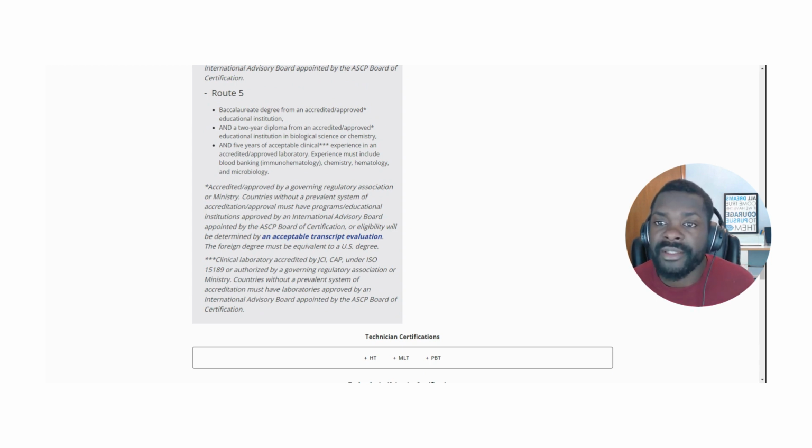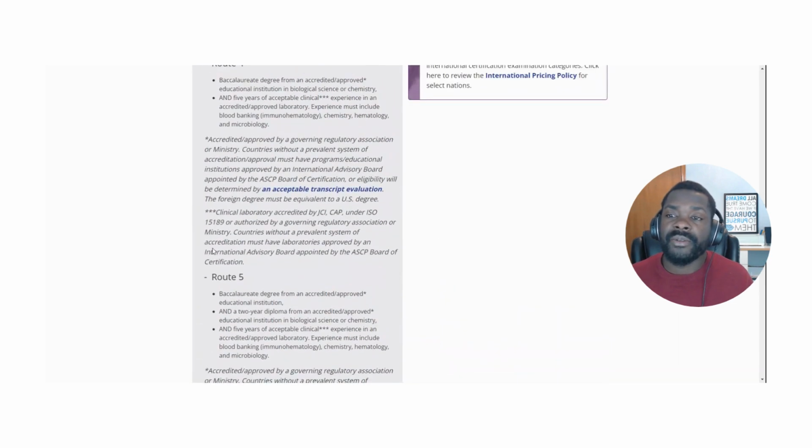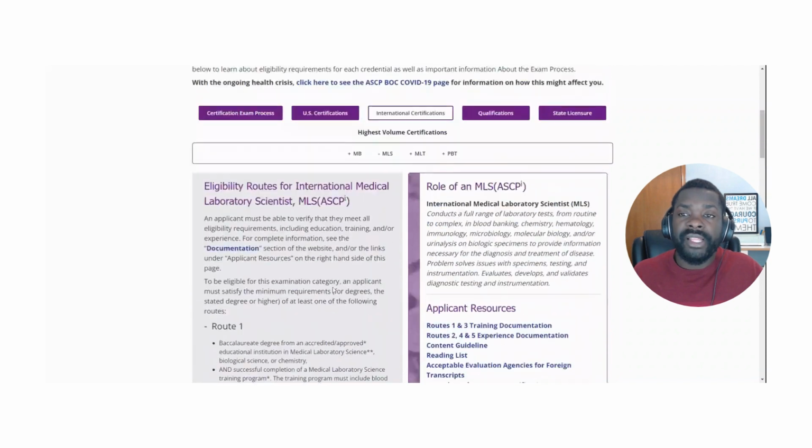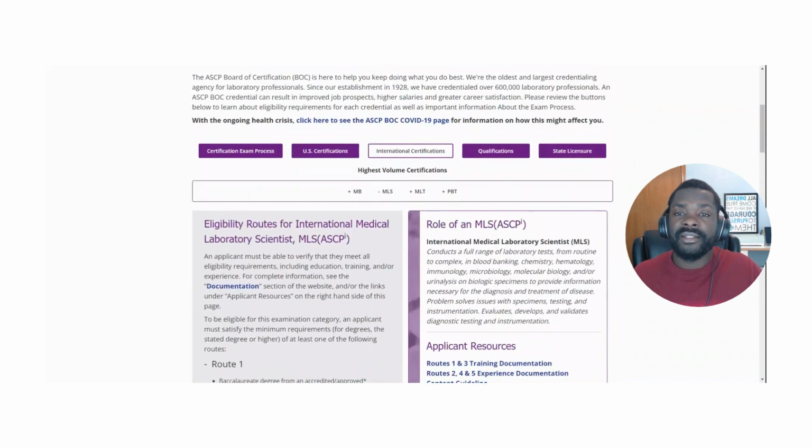You need a 2-year diploma, and you need a bachelor's degree for you to be considered for that Route number 5. So that's pretty much it. That's all the information regarding routes on the US certification site and the international site.